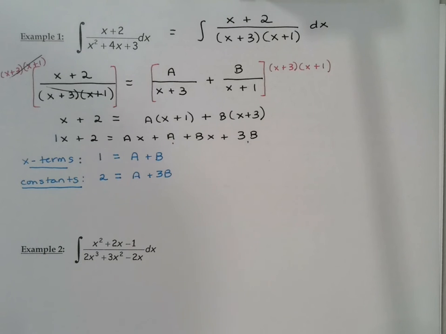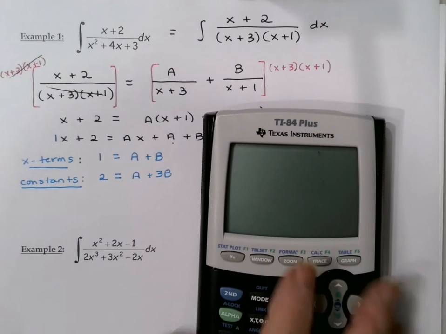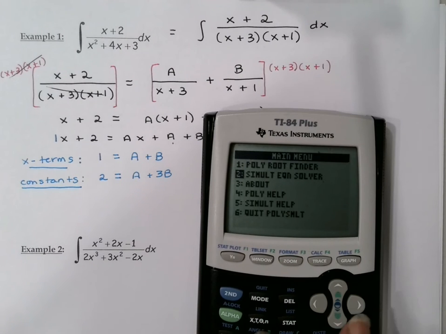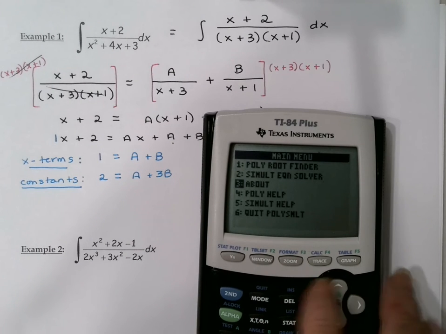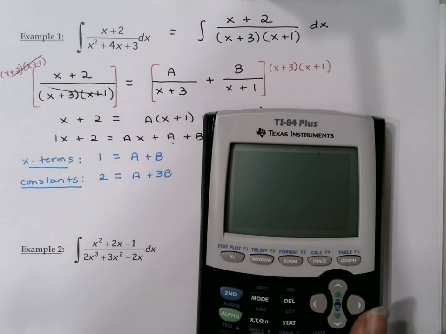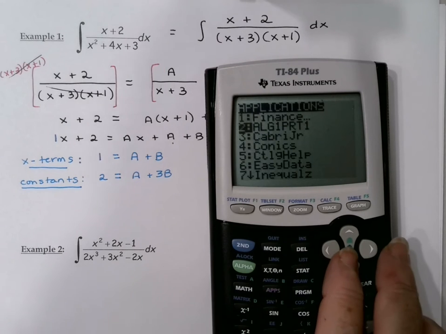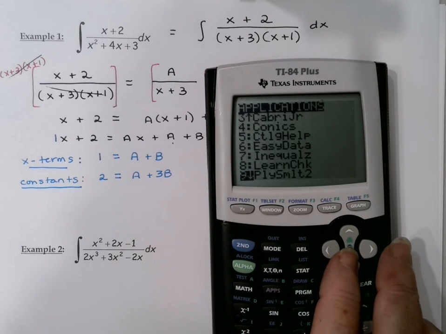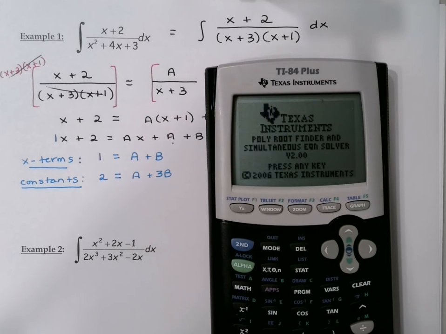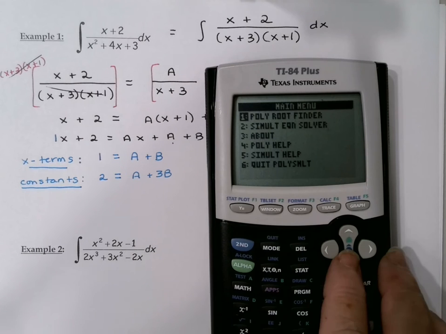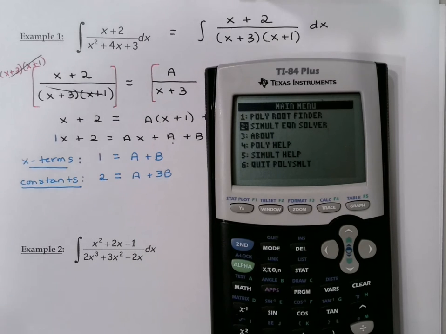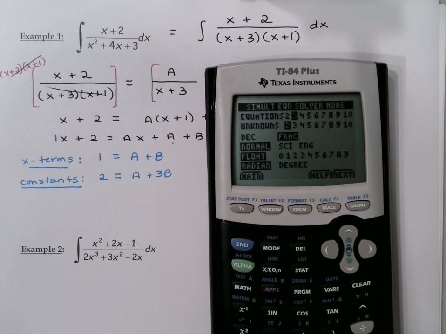And you can do that in multiple ways. Most of these aren't that difficult to solve by hand, but I'll also remind you that if you've got that nice PolySimult app on your calculator, beginning here in Apps, that purple Apps button, my PolySimult, and I want option number 2, the simultaneous equation solver.